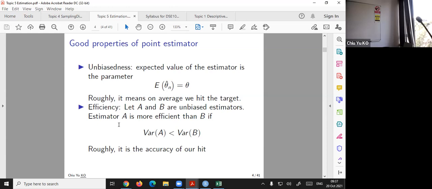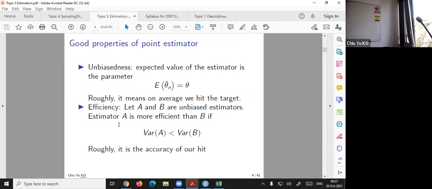The first one is rather basic: we want the expectation of the estimator to equal the parameter we estimate. It means the expectation of the sample mean is the population mean.